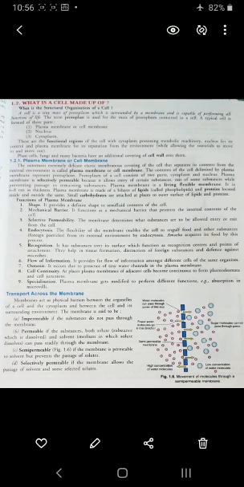So a cell is formed of three parts. First is the plasma membrane, also known as the cell membrane. Second is the nucleus, and third is the cytoplasm.